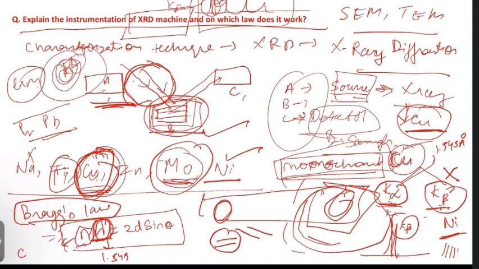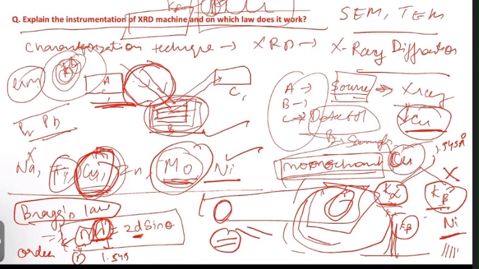N is the order, that is, whether it is falling on the first plane, the second plane or the third plane. We generally take N equal to 1. I will explain why in the next class. Our aim now is to understand the law first.